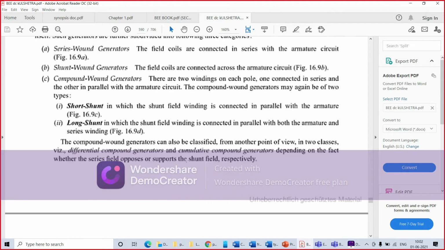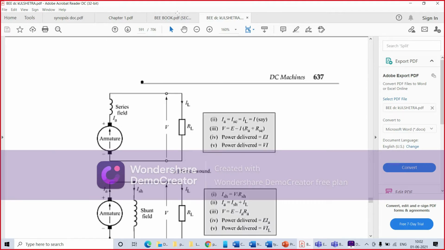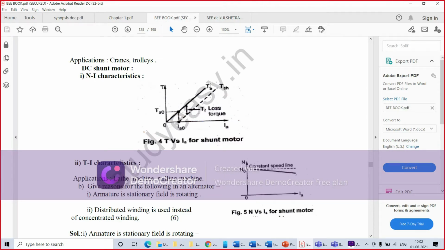So what you came to know is that your shunt motor and your separately excited DC machine have the same characteristics. The first one is the speed versus armature current characteristic, where I represents the armature current, and the second one is the torque versus armature current characteristic.